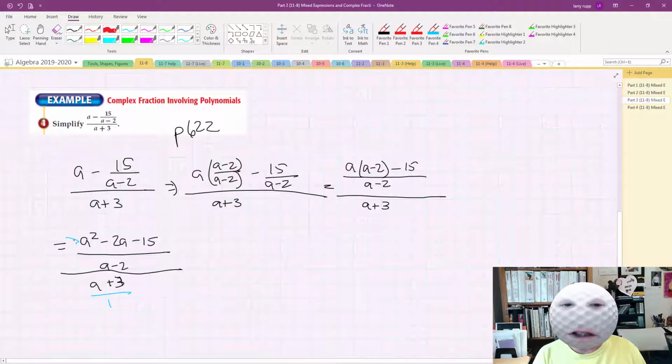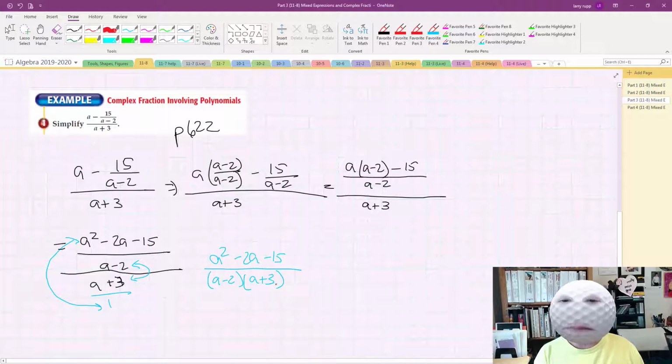So if you took a squared and multiplied it by 1, then you're going to get a squared minus 2a minus 15. And that's going to be over these two middle ones. Okay? So it's a minus 2 times a plus 3. So this whole thing here can very neatly shrink to this.